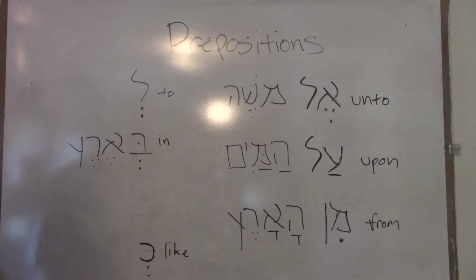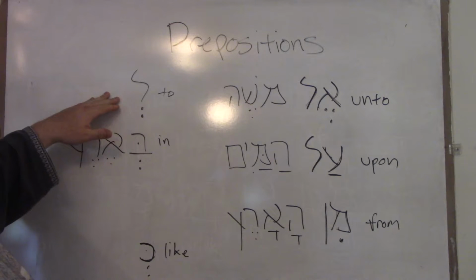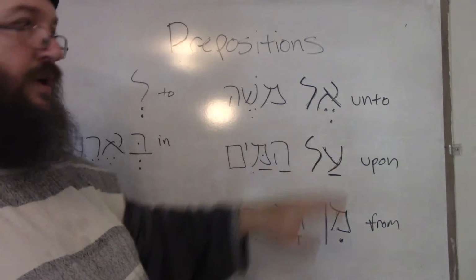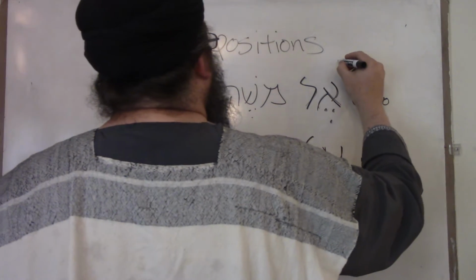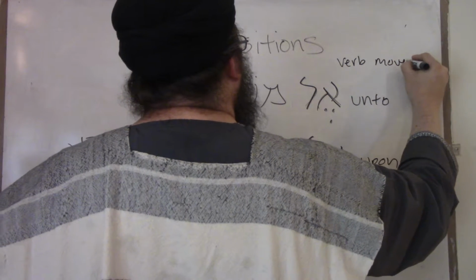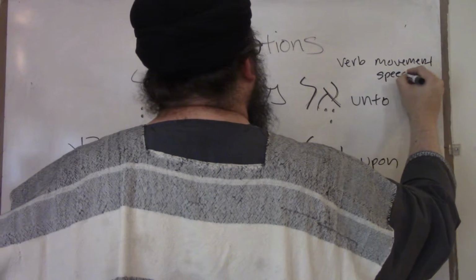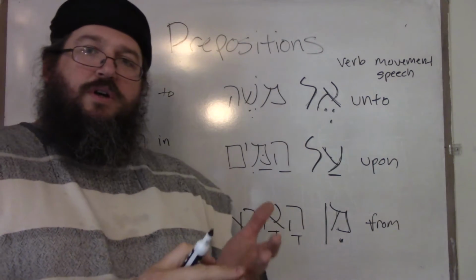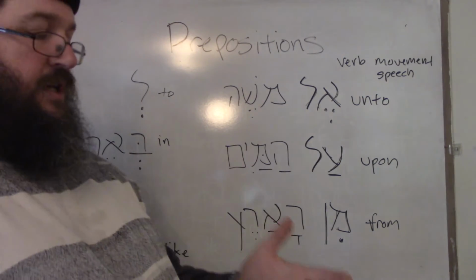Now we have to understand the word la versus el. Let's define this real quick. El is only used with verbs of movement and verbs of speech. So if we use the words spoke, said, tell, swore, those are verbs of speech.